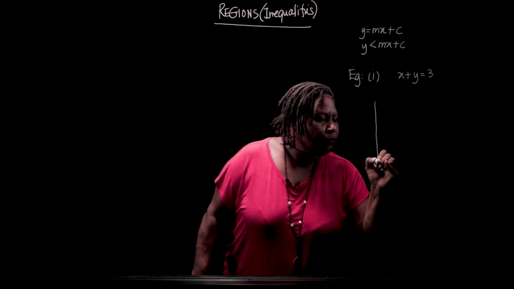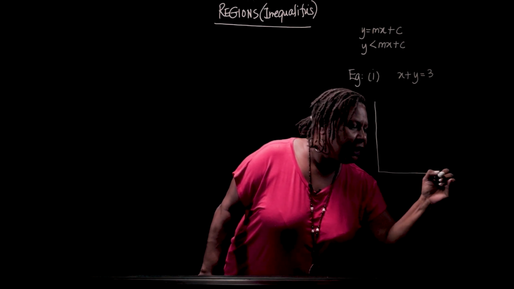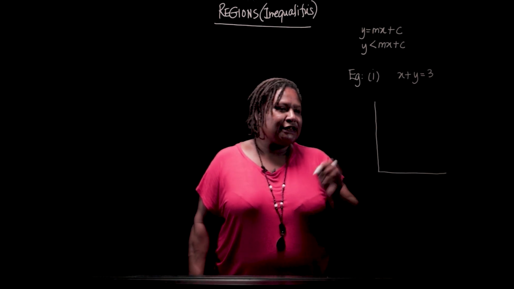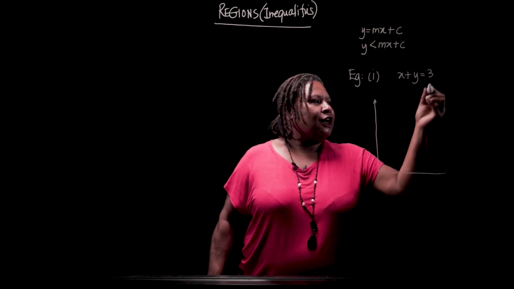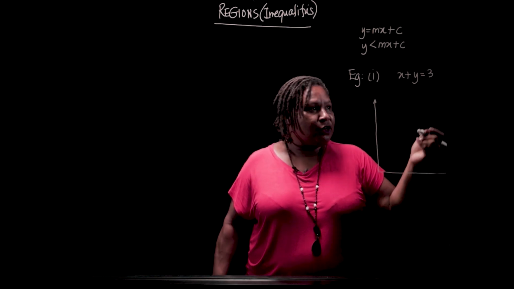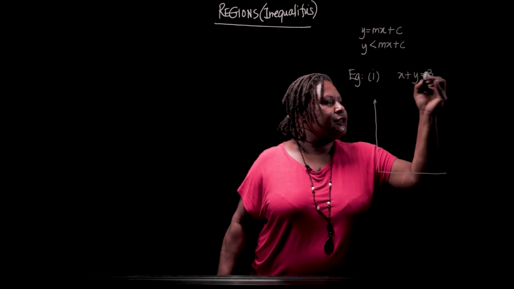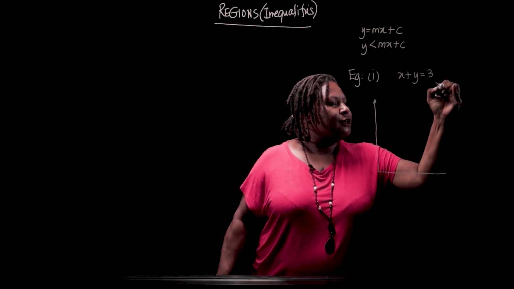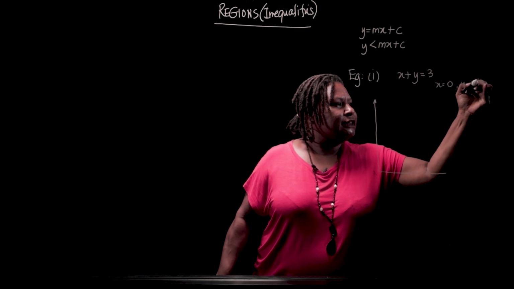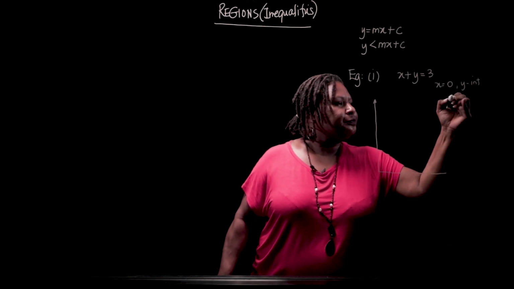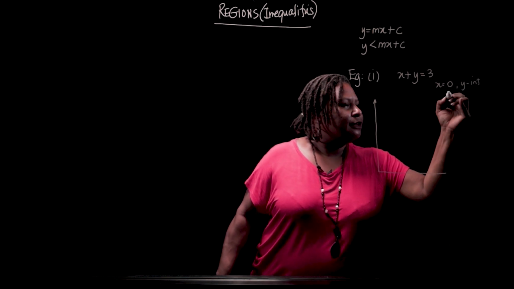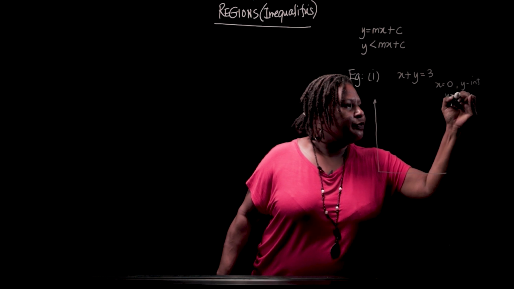We draw in our Cartesian plane first, and then we identify our x and y intercepts. For sketching, we find x by making y 0, and we substitute x equal to 0 to find the y-intercept. So 0 plus y equal to 3, which means y is equal to 3.